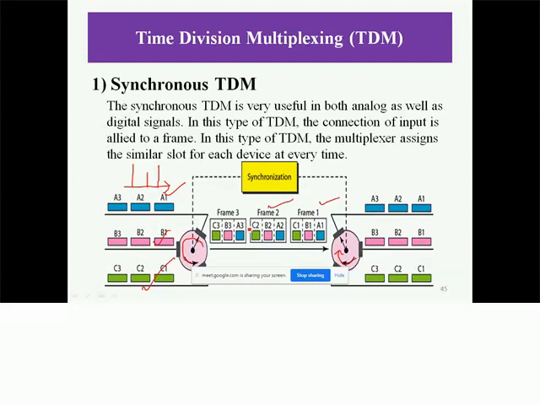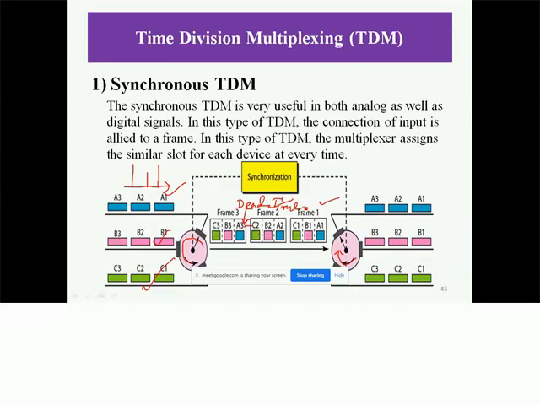In between each frame we have a space, and this space is basically known as dead time, because this time is not utilized for any application. So in synchronous TDM we have dead time, and in FDM we have a guard band. This dead time is used to separate frame 1, frame 2, frame 3.